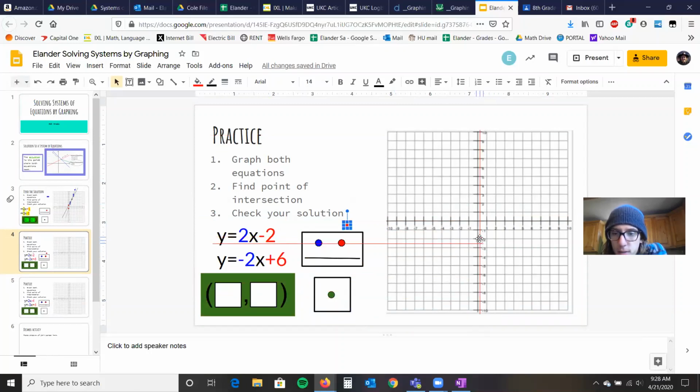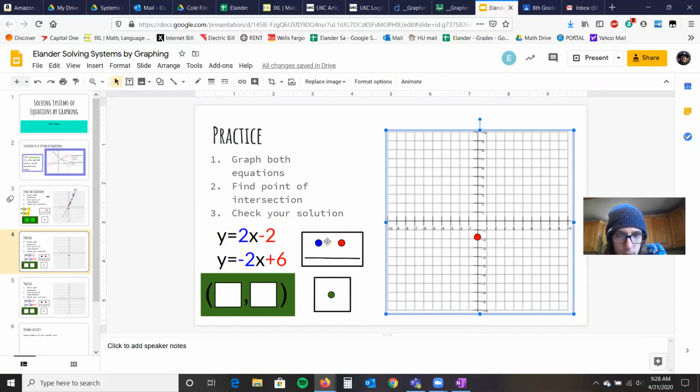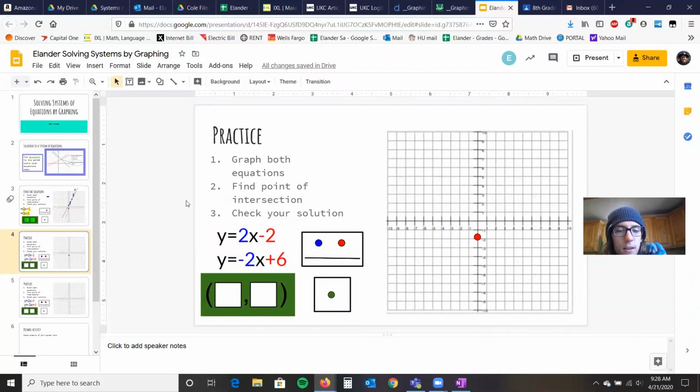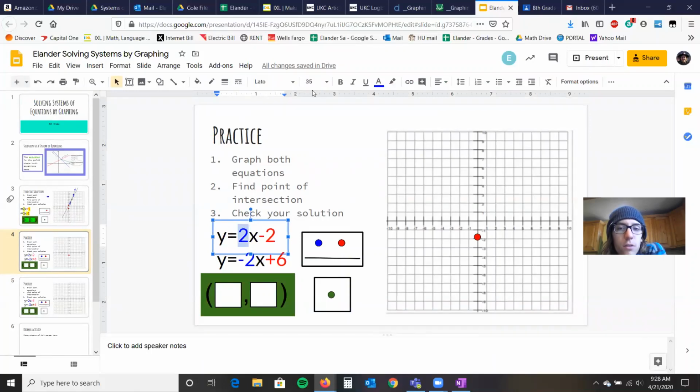And I place my -2 best I can. Okay, and then I'm going to say, what's my slope? It's 2. Or how can we rewrite 2? Again, I want you to put it in the chat. How can we rewrite 2 to make it to where it's rise over run?